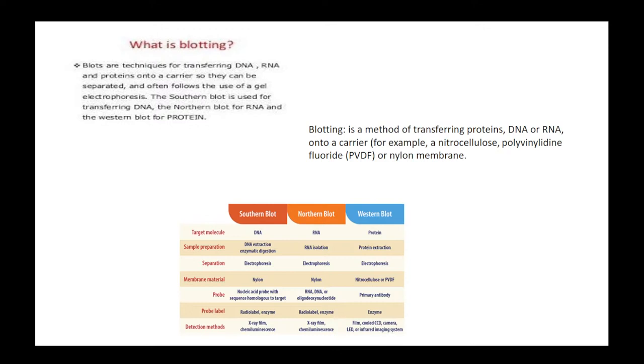The Northern blot is used for transferring RNA, and the Western blot is used for proteins. So by this method, we divide the DNA, RNA, and proteins into small parts and study these parts.